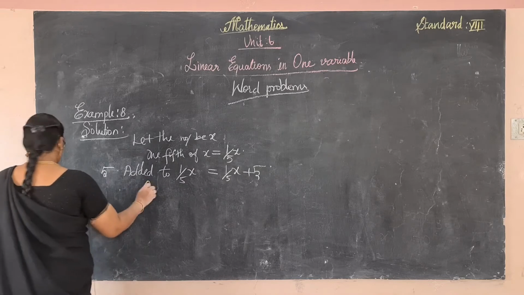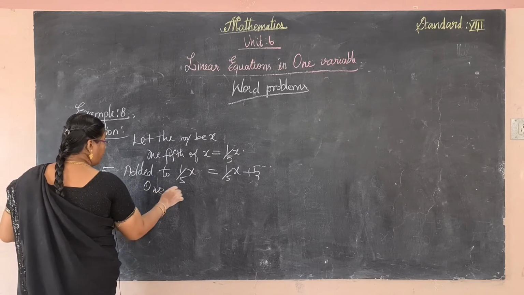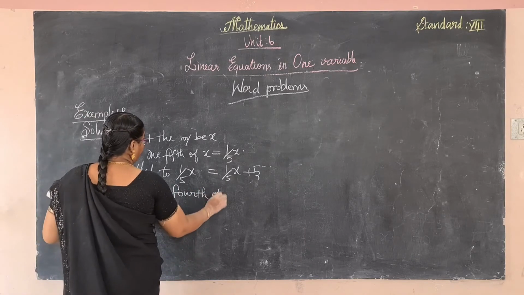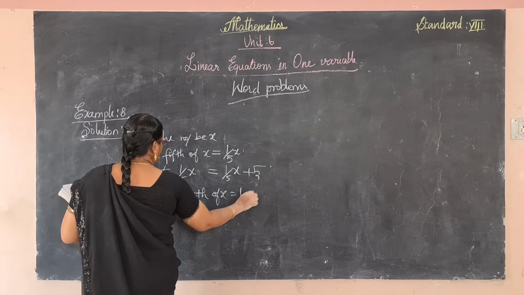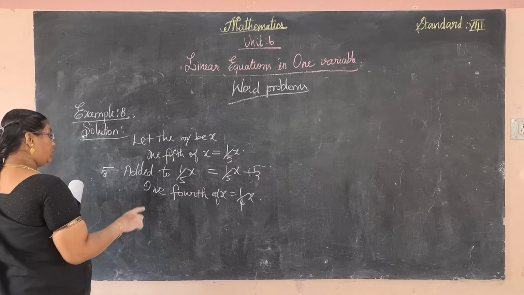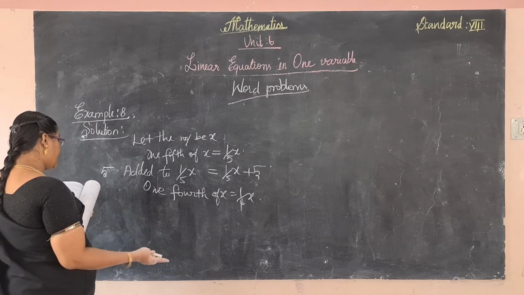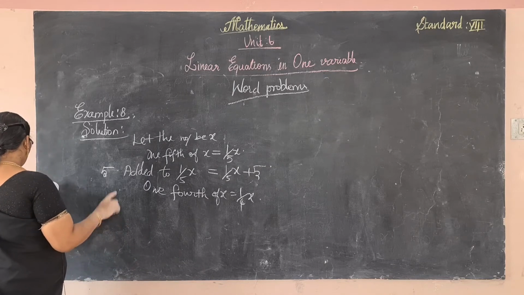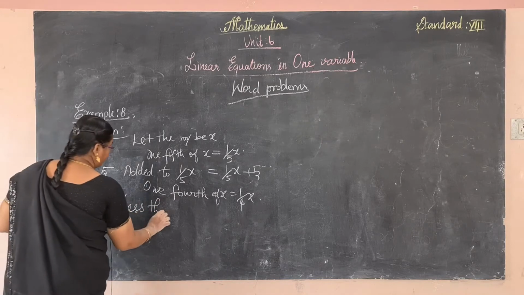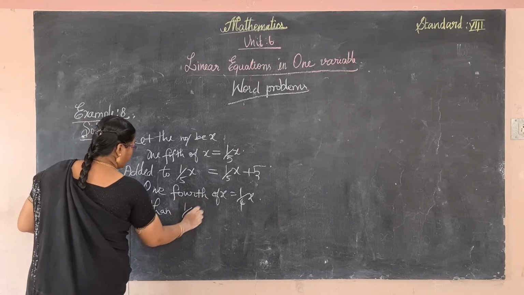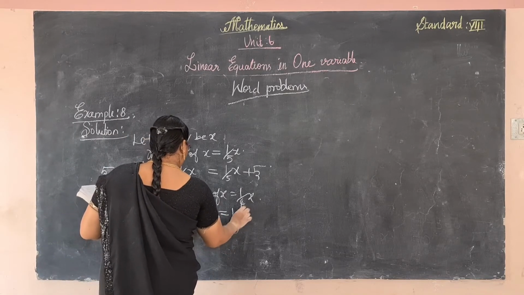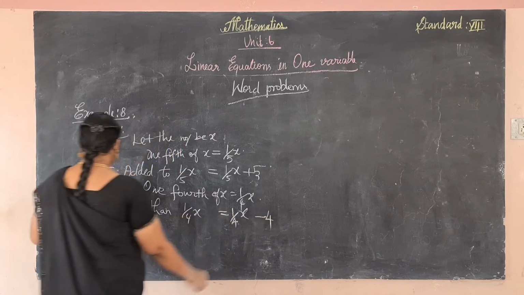And next one, 1/4 of x is equal to 1/4x. Then 4 less than 1/4 of x, so 1/4x minus 4. That's it.